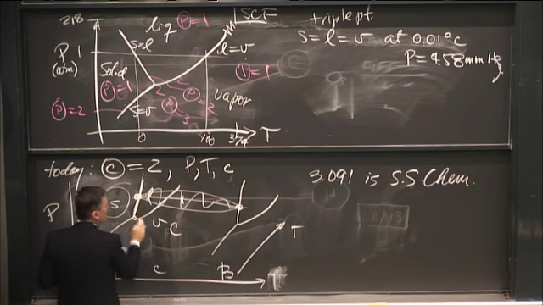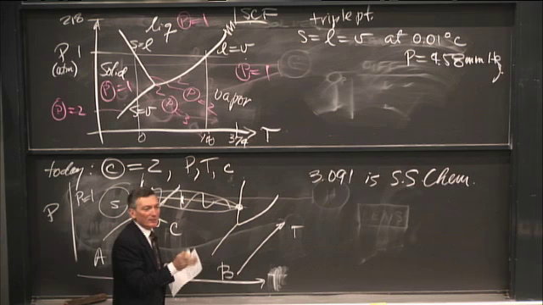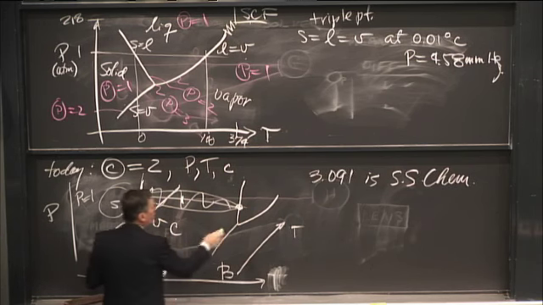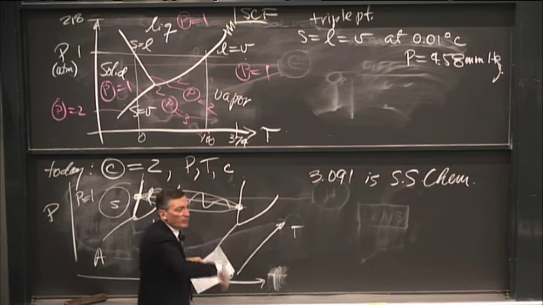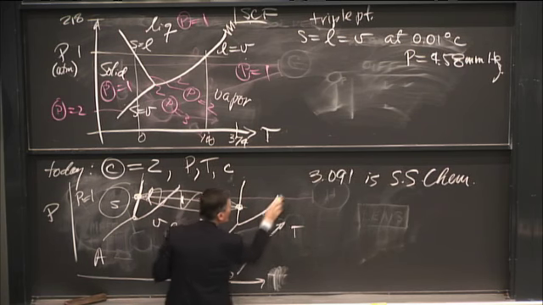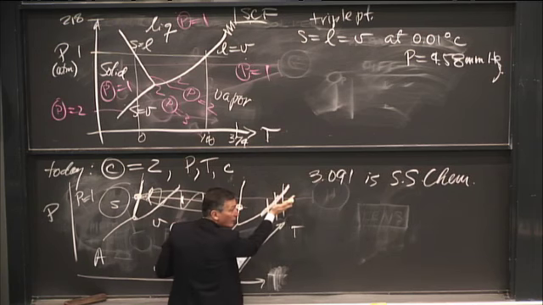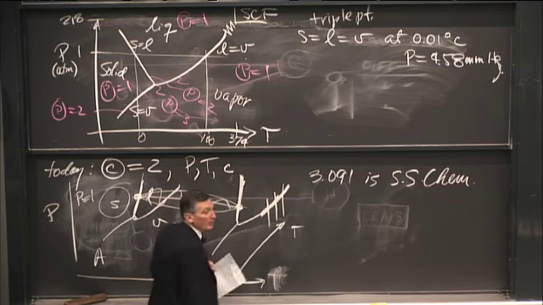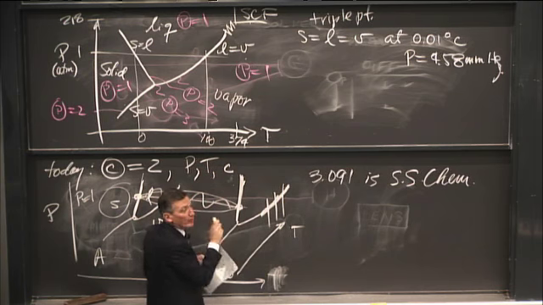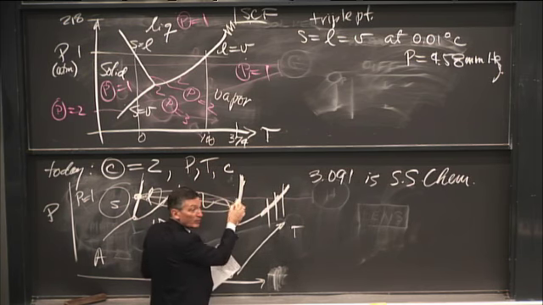Now I've drawn these lines with a slope, but they're really not to scale. It turns out that you can move 10,000 feet up or down in the atmosphere and have a huge variation in the boiling point, because this line is shallow. But this line is virtually straight up and down. You have to go to geological pressures to change the melting point very much.